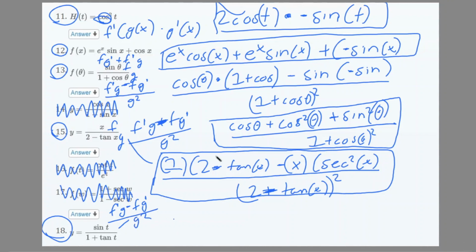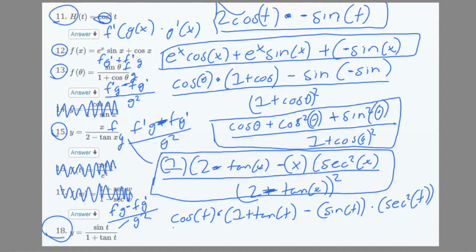So f prime is going to be cosine t times g, which is going to be 1 plus tan t, and then minus f, which is going to be sine t, multiplied by the derivative of 1 plus tan t, which is going to be secant squared t, and all of that is going to be over 1 plus tan t to the second power, in which we don't have to simplify this either.